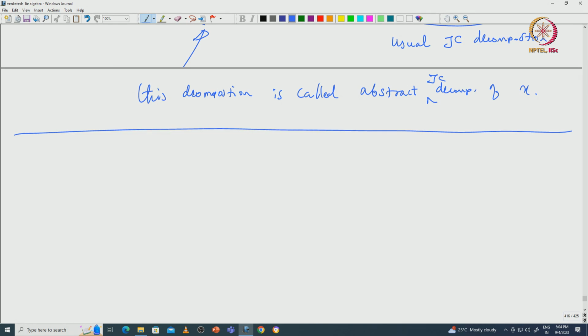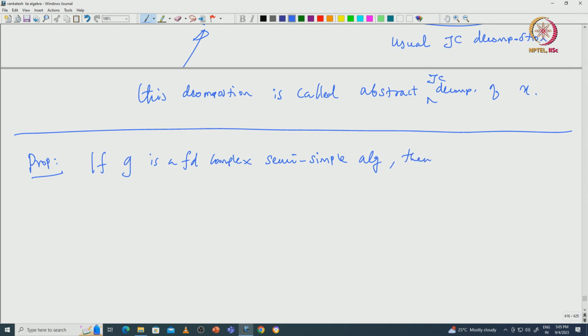Okay. So, before going forward, we will prove the facts that I already promised. Let us write it as a proposition. We take G to be a finite dimensional complex semisimple Lie algebra.